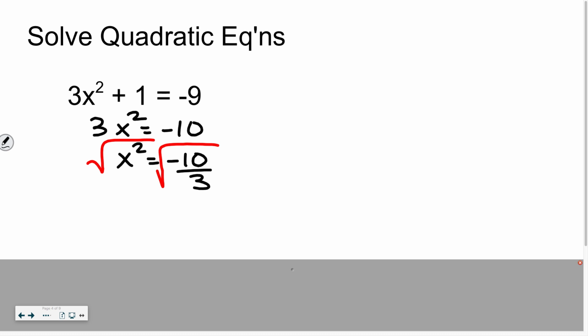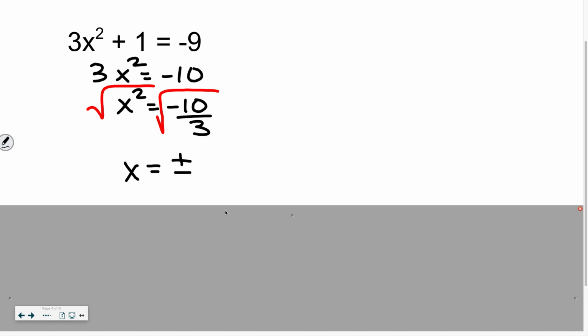Now we can say what the solution is in imaginary numbers. Okay, so we have x equals plus or minus, because we just square rooted to solve, i, the square root of 10 thirds.